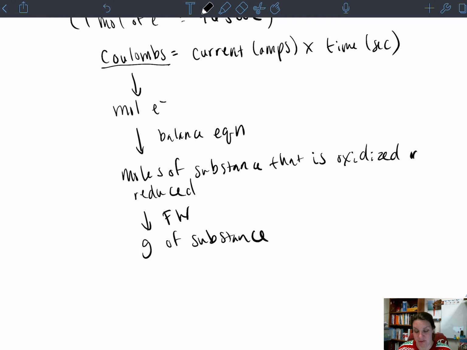So it causes that electroplating to occur, and you can determine how long you need to go based on your amperage. Okay, I'll go more in depth on all of that, but that is everything for Chapter 20.